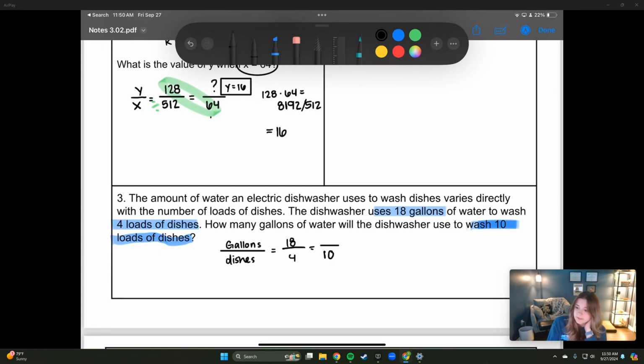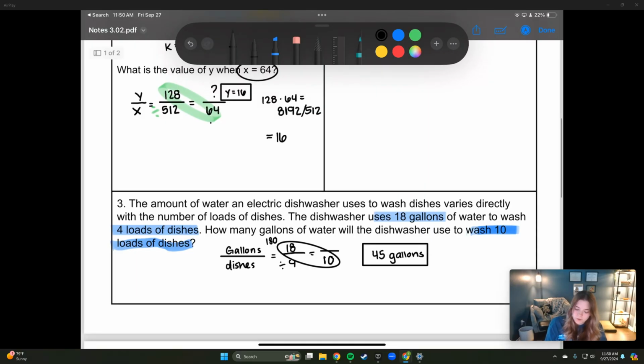Well, you're going to solve it just like you did number 1. You're going to cross multiply, so 18 times 10, okay, 180. Then divide by that number that's left over down there. What's 180 divided by 4? 45. So you will need 45 gallons of water to wash 10 loads of dishes.